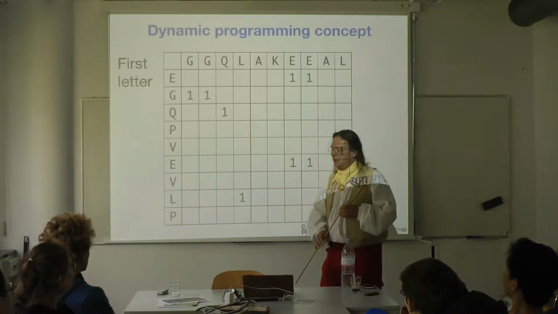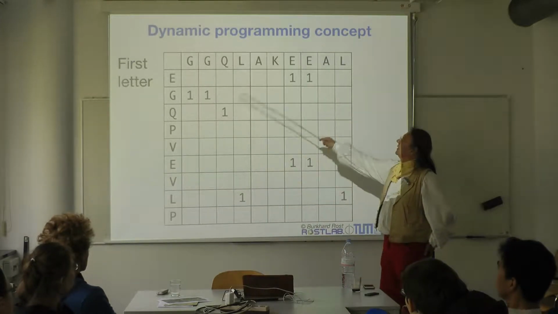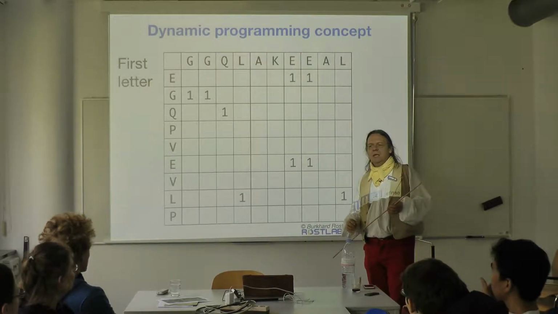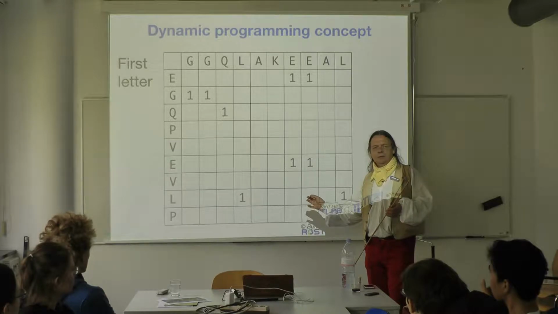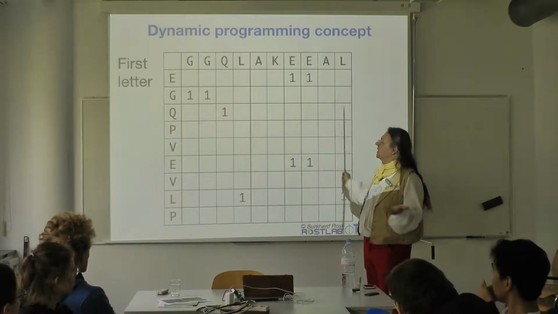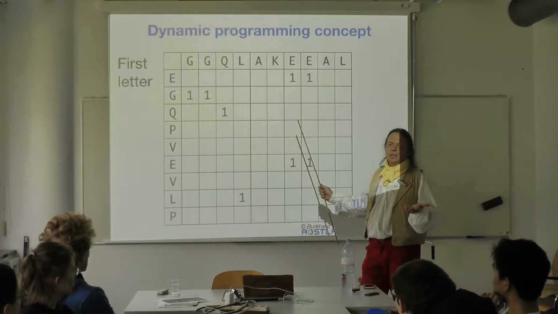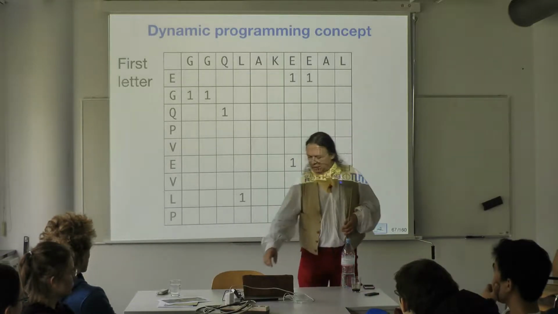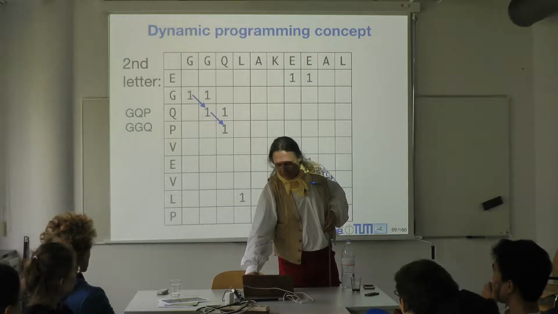The simplest idea is you have two proteins aligned in both directions, and let the objective function be identity of a letter. You start by initializing the matrix with ones where things match, and then you find a simple path through that matrix.